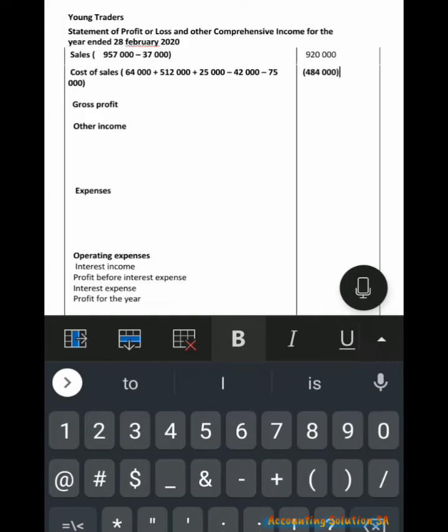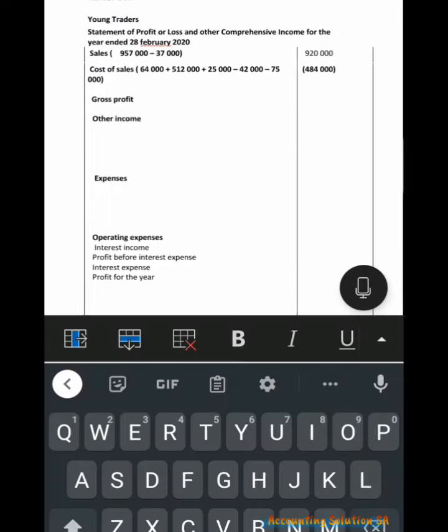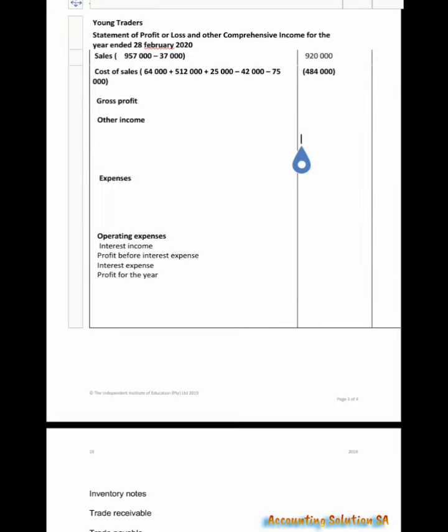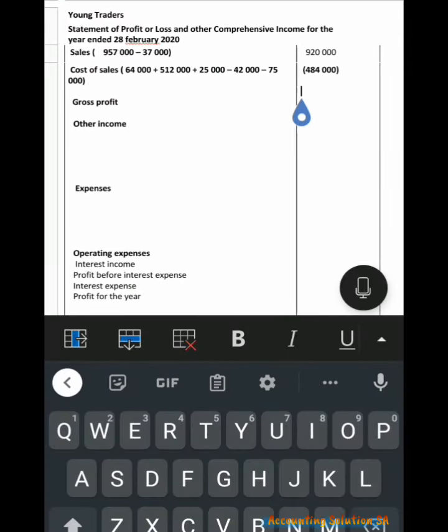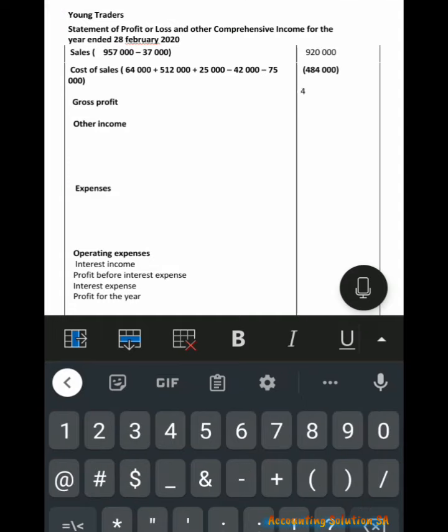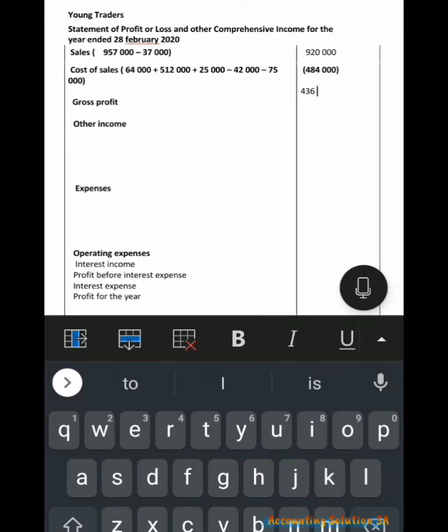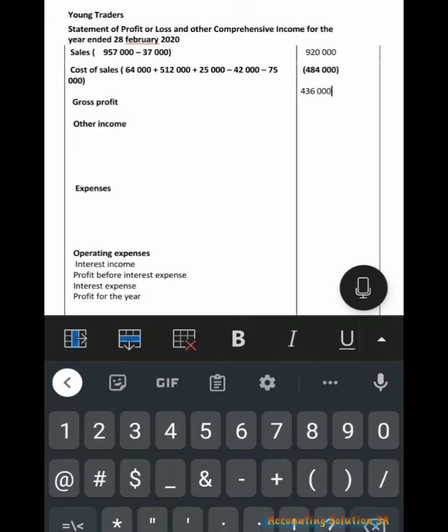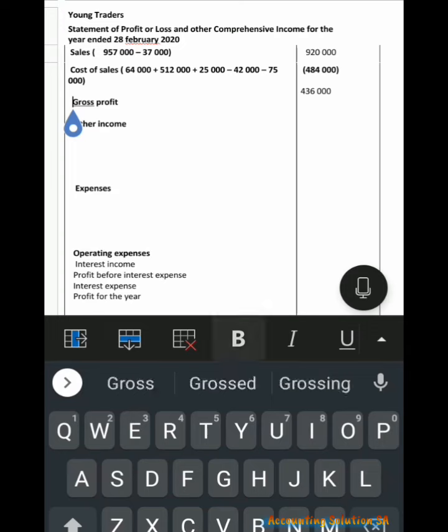Then from there we are able to identify our gross profit. Under gross profit, we have to say sales minus cost of sales, 920,000 minus 484,000, which is going to give us 436,000. Our gross profit will be 436,000.